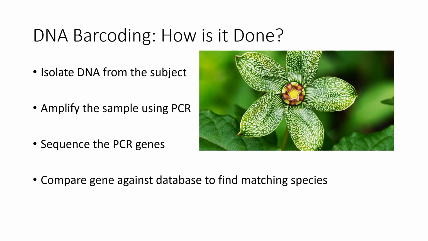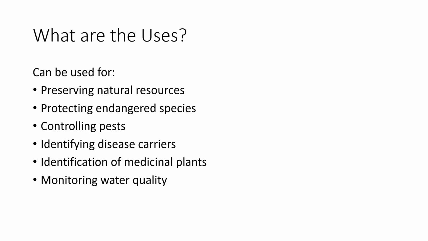And then the final reason that I listed on here is you can monitor water quality with DNA barcoding. Basically, you can study the organisms that are living in lakes, rivers, streams, and bodies of water, and you can, one, measure their health, but two, measure what should be there in a healthy body of water.